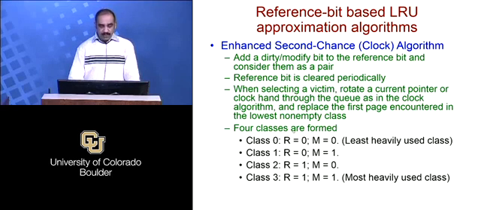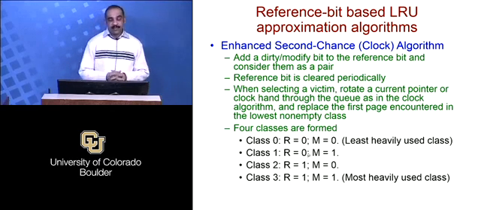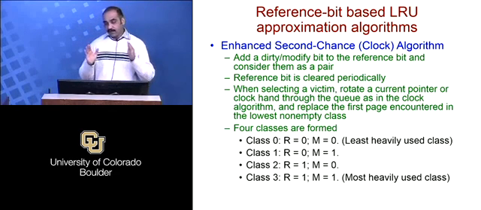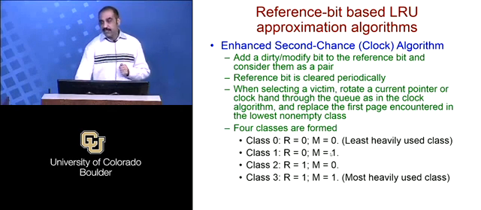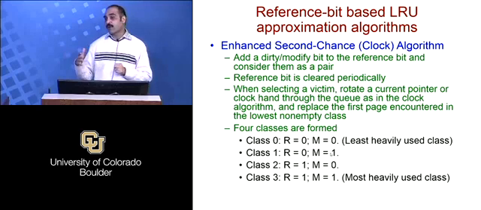If there is no page that belongs to this category, then you go to the page where the modified bit is 1 and the reference bit is 0. Now this is actually a little bit different. Remember that our initial policy was that you will not choose a modified page to replace because you have to write that page back.